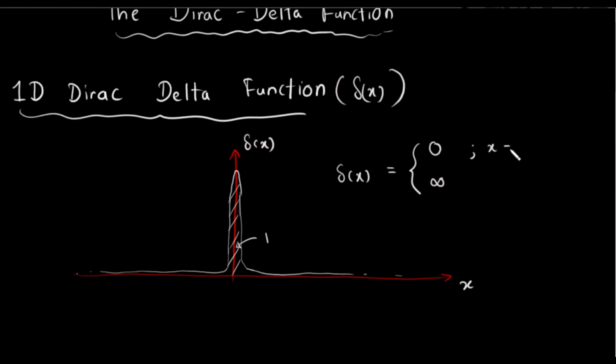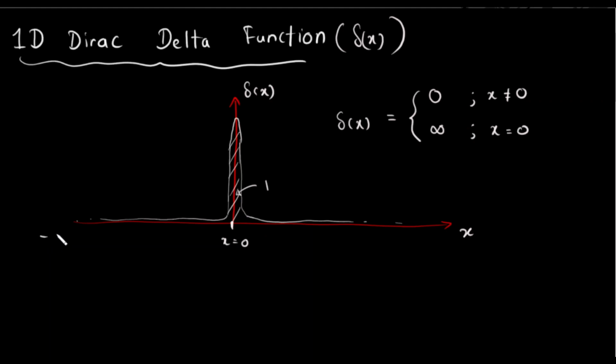This happens when x is not equal to 0. What happens is that only at the x equals 0 point, the delta function has a value. The delta function cannot be 0 when x equals 0.